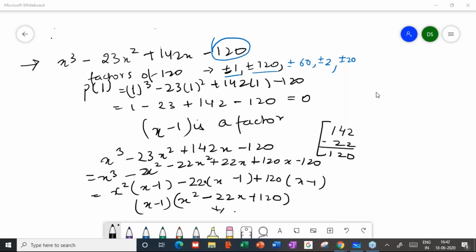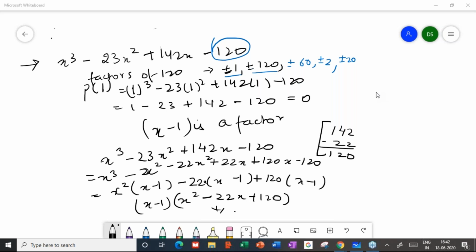Ma'am, can't we divide x cube minus 23x square plus 143x minus 120 by x minus 1? We can just divide it and get the same thing in one step. Yeah, but for that you need to know that you need to divide by x minus 1, right? How will you know what you need to divide it by? Ma'am, we already found that x minus 1 is a factor in the earlier step, so we can just divide from there and get the factors.